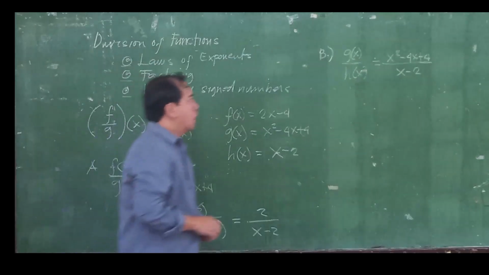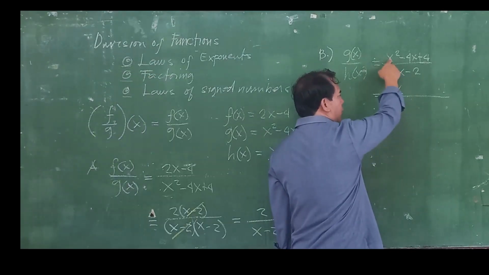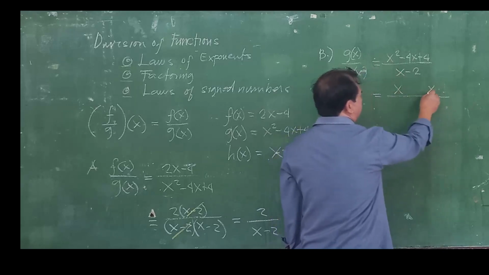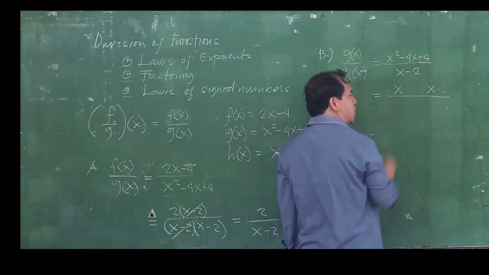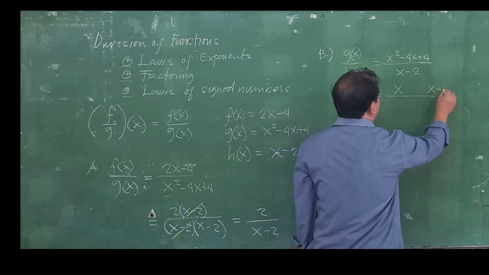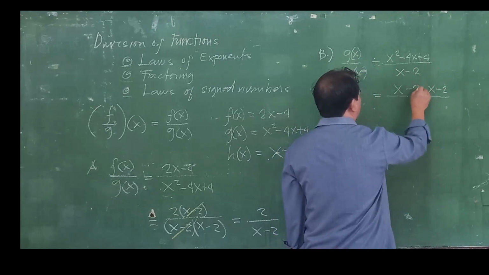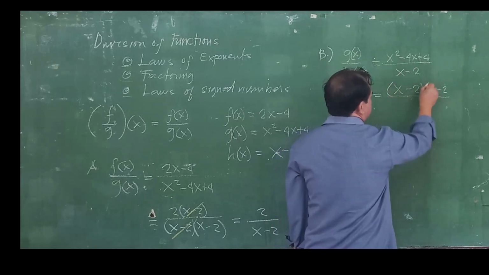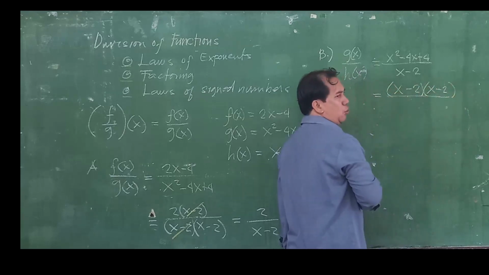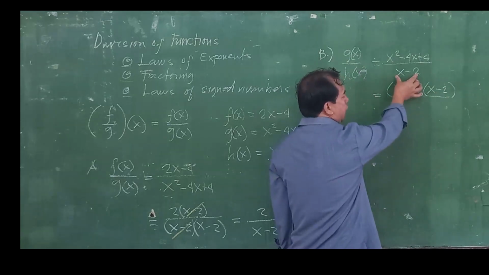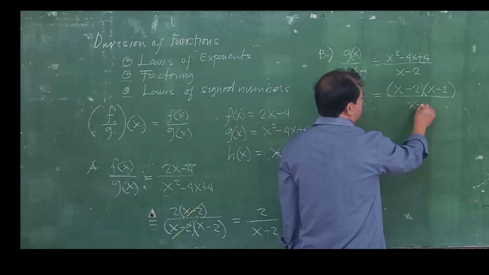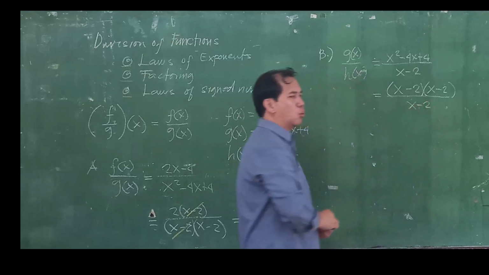Now, what are the factors of x raised to 2? x and x. What are the factors of positive 4? Negative 2 and negative 2. And these are the binomial factors. What about your denominator? That is x minus 2.